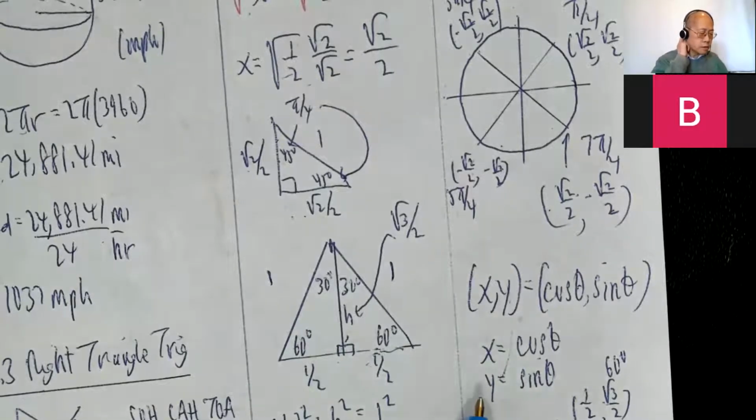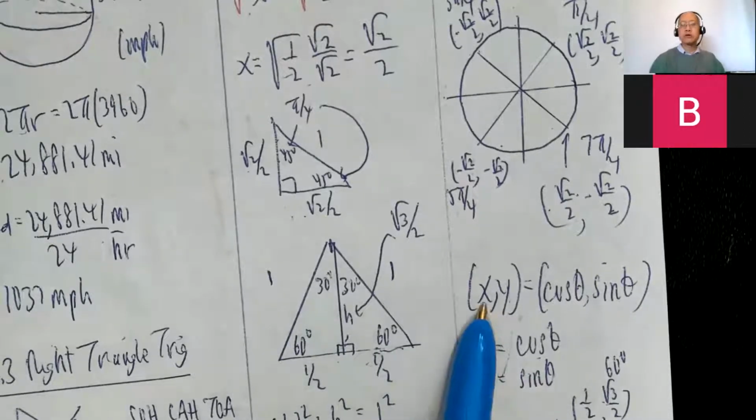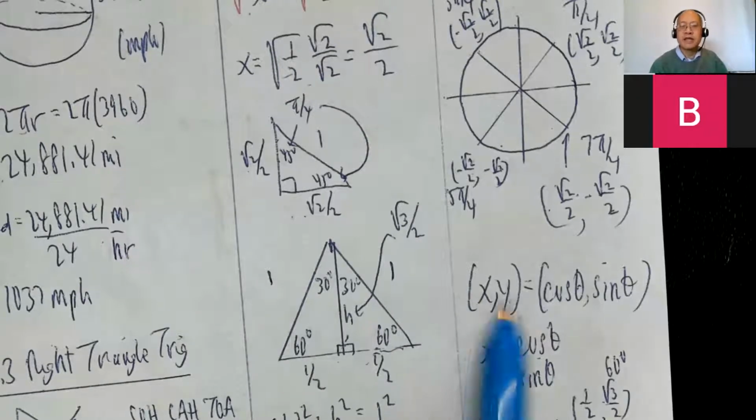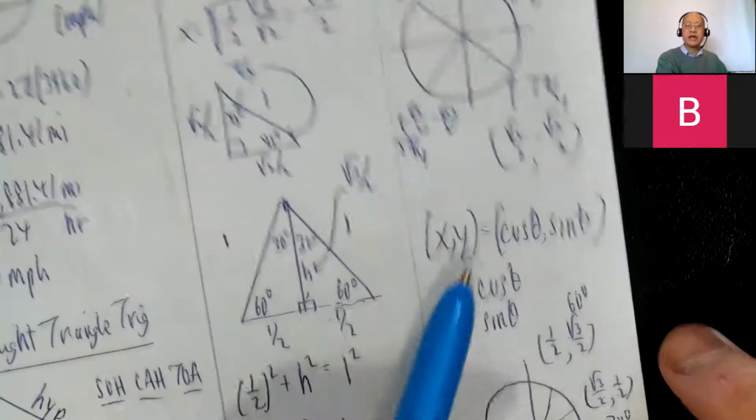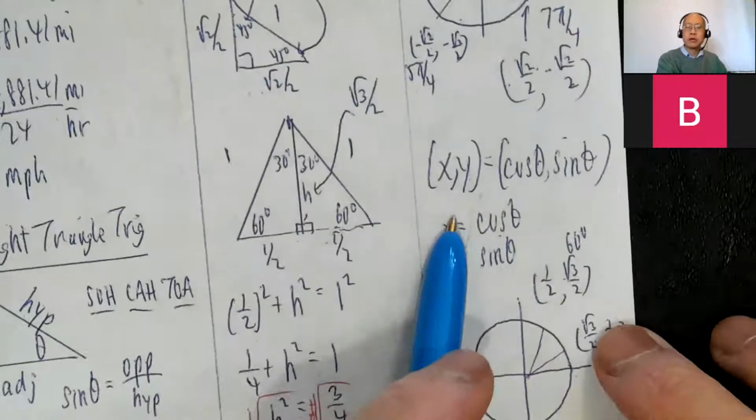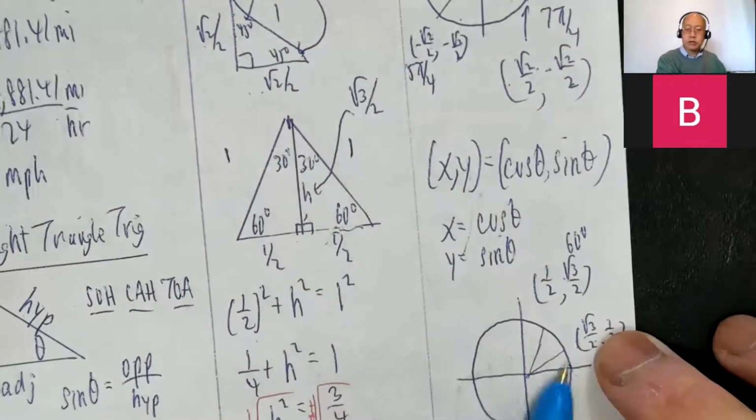Okay. Now, here's another key point. On a unit circle, x comma y is the same as cosine theta, sine theta. You say, what's the cosine of the angle or the sine of the angle? It's simply the x coordinate or the y coordinate along the unit circle.